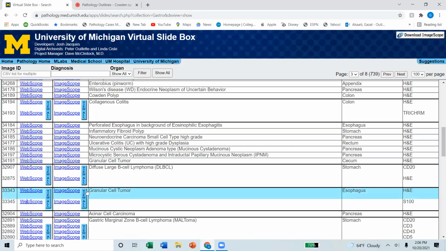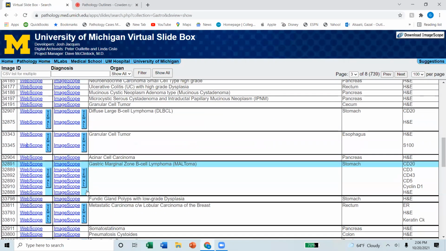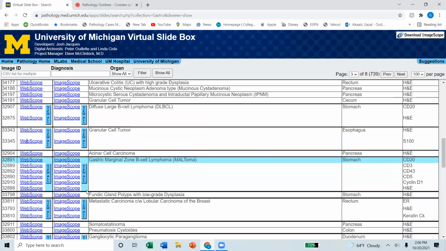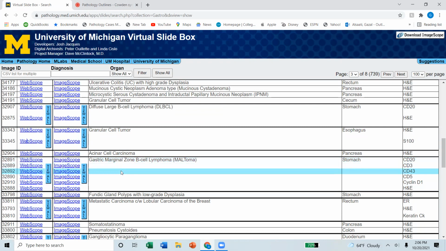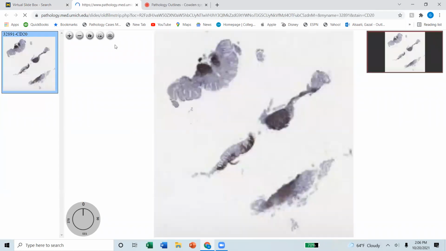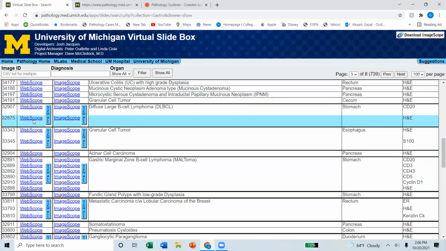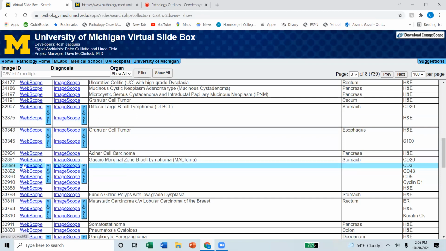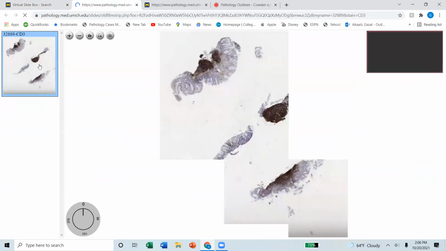All right, nice cases. Stomach, gastric marginal zone B lymphoma. Lymphoma, do you want to go ahead and take care of it? I can start with my H&E, but when it comes to the rest of it, you can tell me what to do.